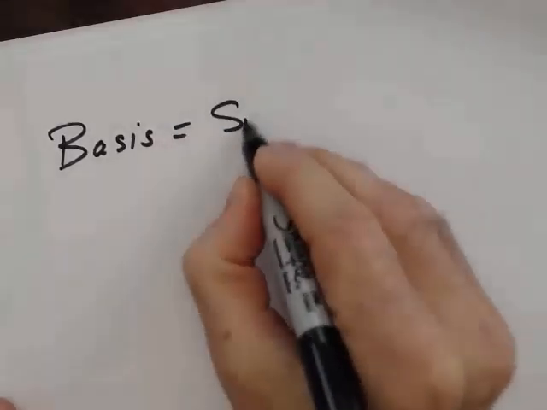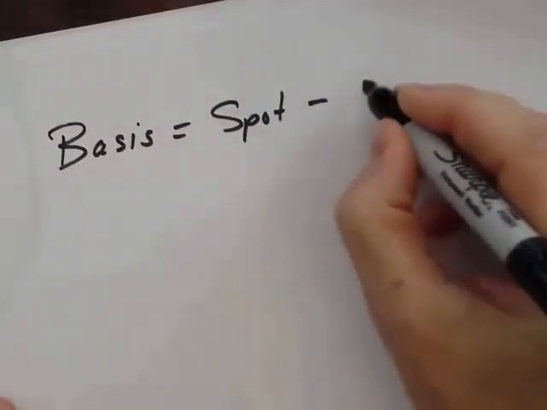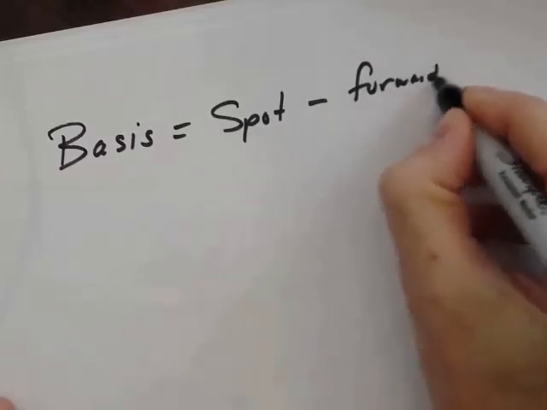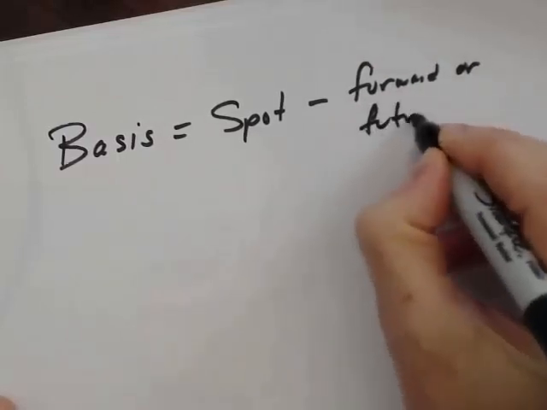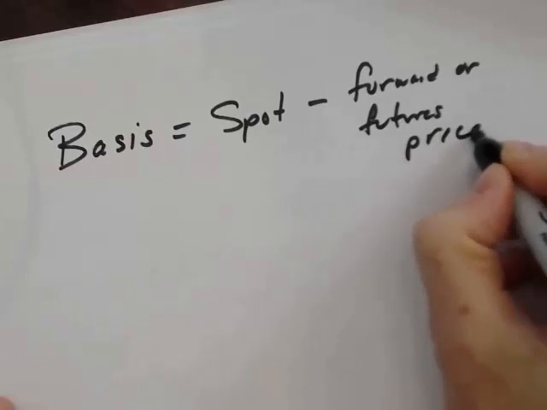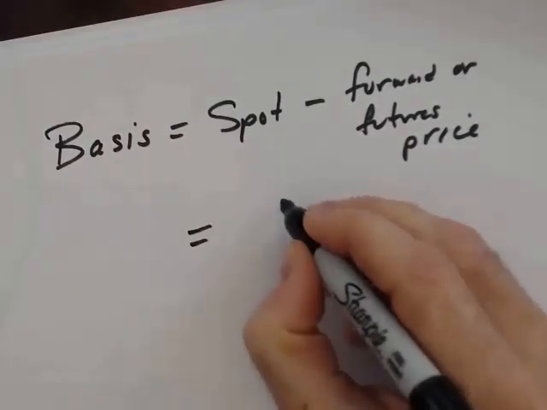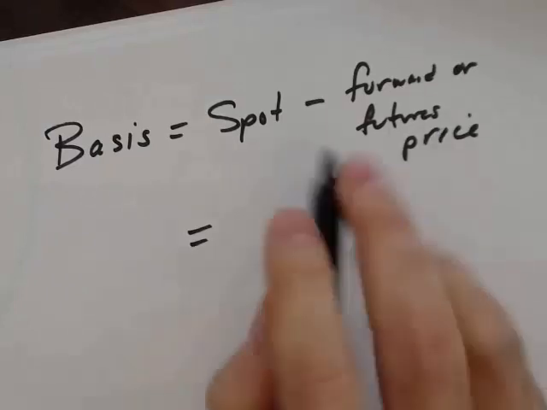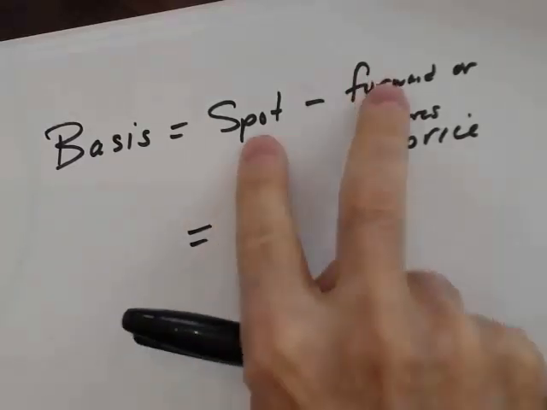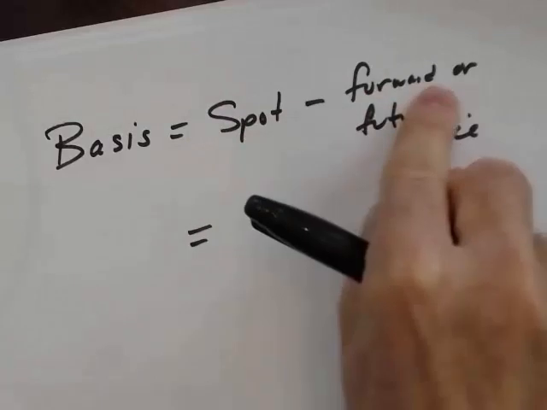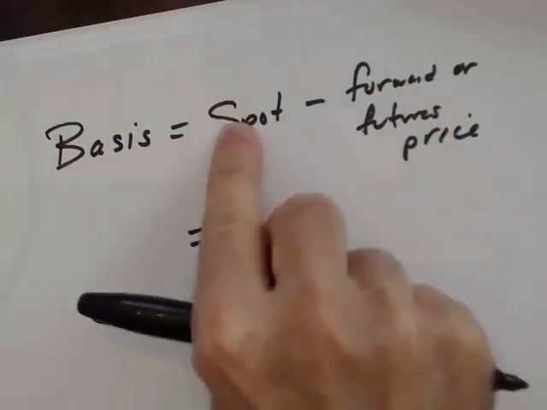Okay, now another concept that pops up is the notion of basis. And basis is the difference between the spot price and the forward or futures price. Okay, that's how your authors define it. Sometimes some authors define it by flipping this around. So the spot is over here and the forward or futures is on the left side.